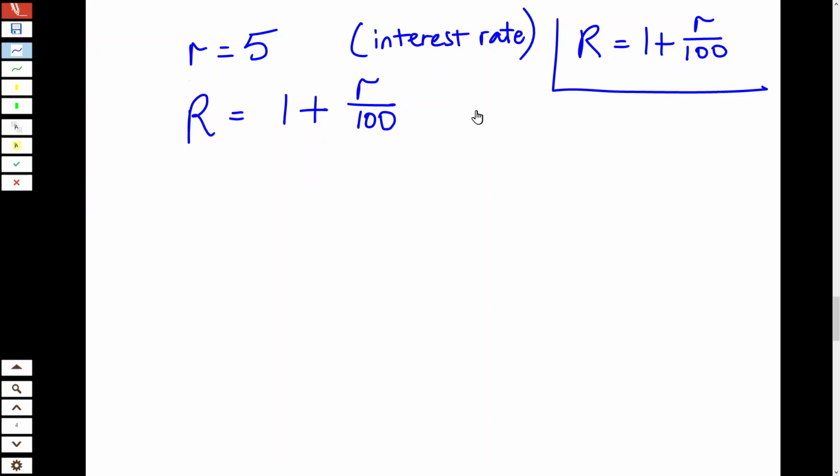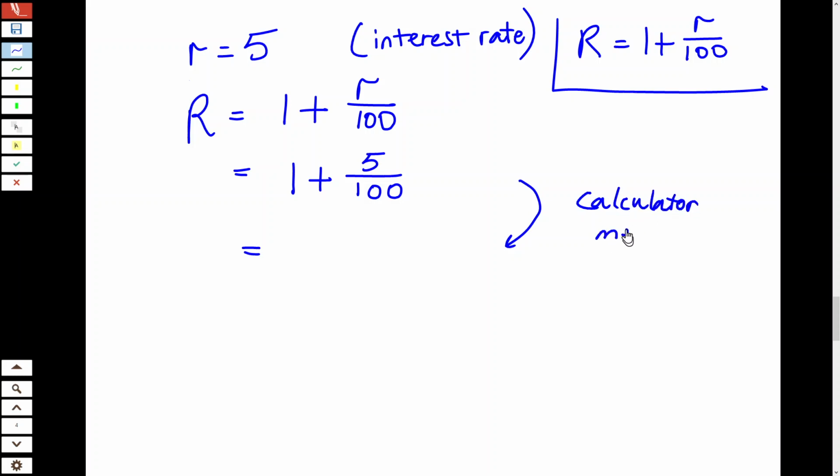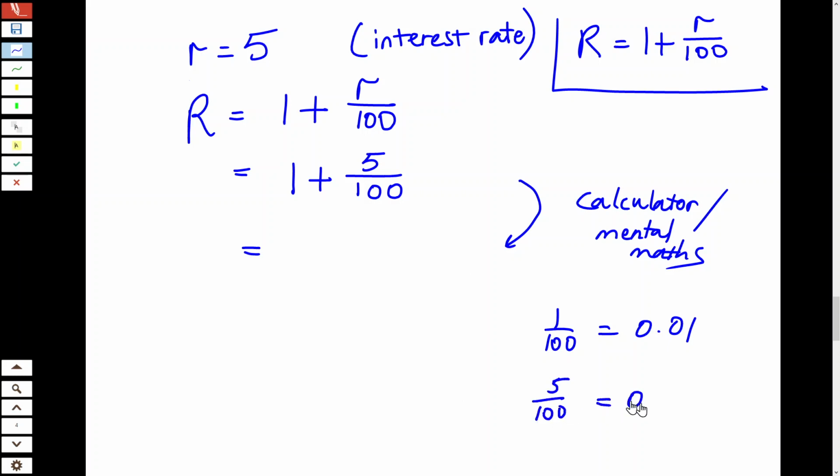This is the formula for capital R. Now what I'm doing is substituting lowercase r equals 5 into the equation. And from this step to this step, it's either the calculator or mental maths, because 1 over 100 is 0.01 and 5 over 100 is 0.05.